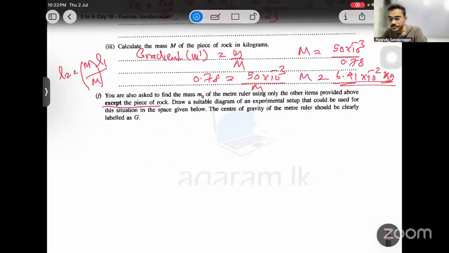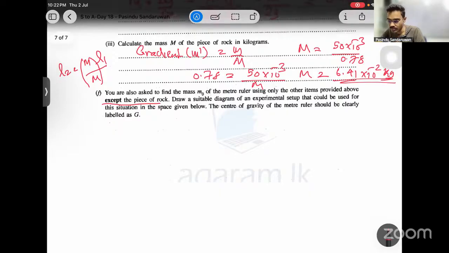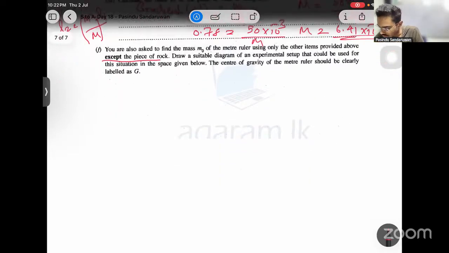Now, we are asked to find the mass m0 of the meter ruler, and only simple m is given, with no rock. We had the previous setup like this.